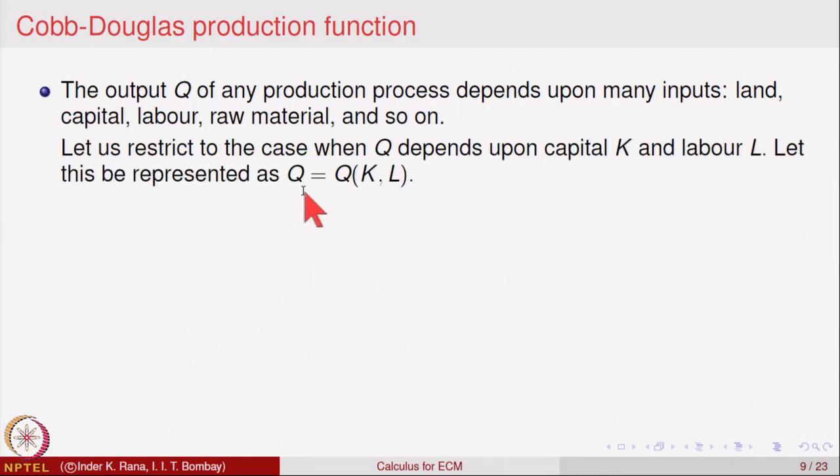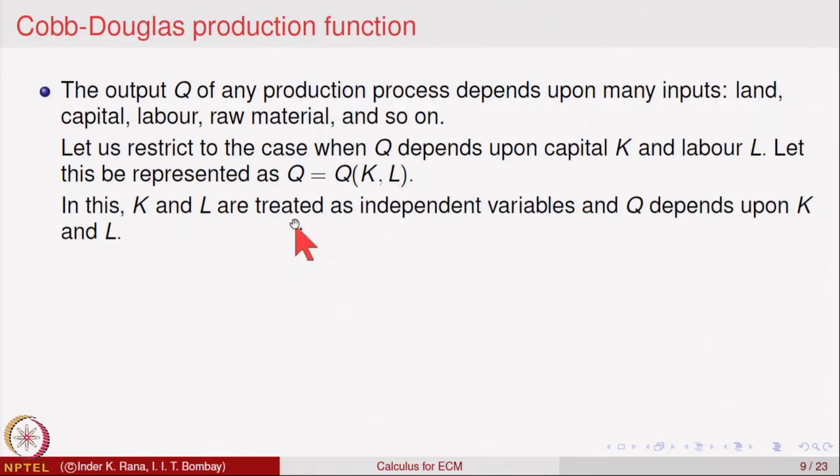So, let us say for the time being, the production depends upon two things only, K and L, where K is the capital, that is the amount invested, and L is the labor that is being employed.